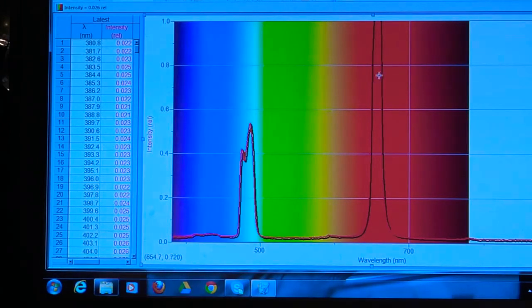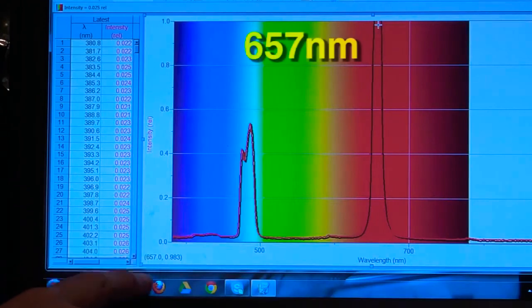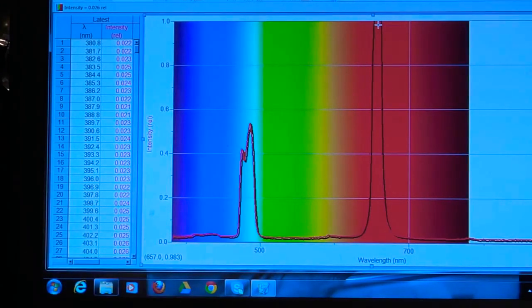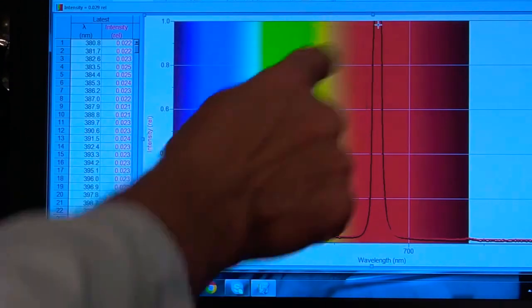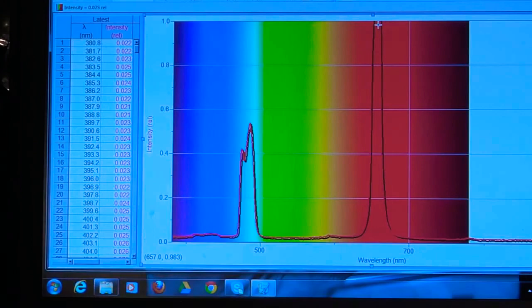If we move over here to this peak, this one up here, it's 657 nanometers. So those three in the visible are characteristic of hydrogen. No other element is going to give you that same three wavelengths.